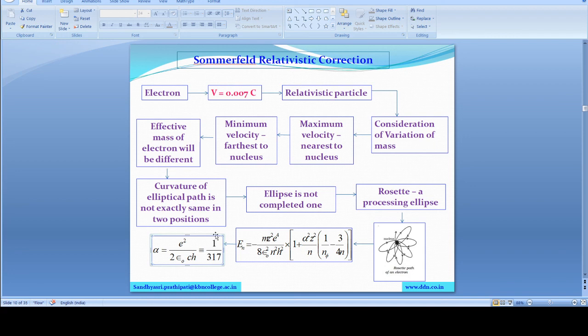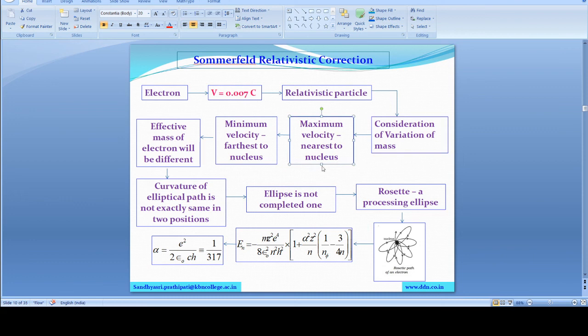It is called the fine structure constant. How was it explained? It explained the fine structure. We have already studied that the electron's velocity is 0.07 c. It is a relativistic particle. So we should consider the variation of mass.